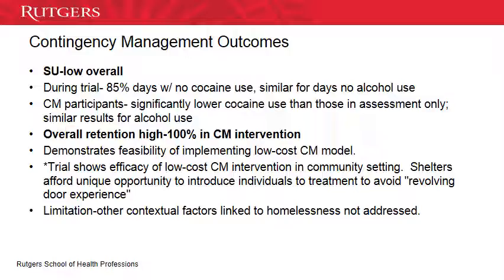Overall, there were high retention rates in both groups, and those in the contingency management group reduced their alcohol and cocaine use over the assessment group, which was verified by urine drug screens and breathalyzer tests that were given twice weekly. In the contingency management group, attendance and abstinence was rewarded by a number of chances to pick prizes from a bowl.